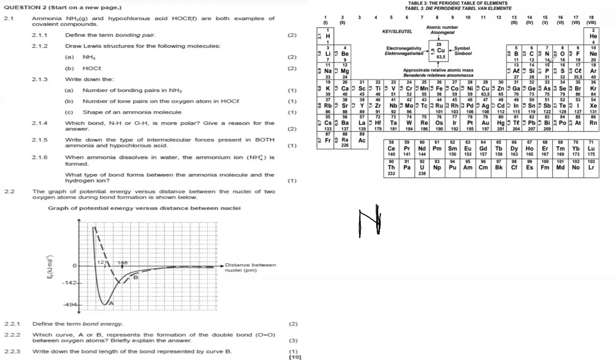Nitrogen is in group number 15, looking at our Roman figure, so it has 5 valence electrons. So this is how we're going to go about it. 1, 2, 3, 4, 5, right?